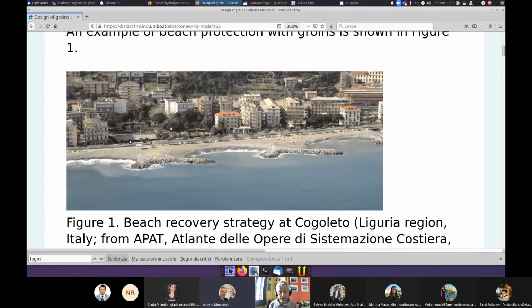But given that they also put this long arm of the groin, which goes in a way in the same direction of the dominant waves, it's clear that here they wanted to combine protection against a longshore sediment transport erosion with a protection against cross-shore sediment transport erosion.